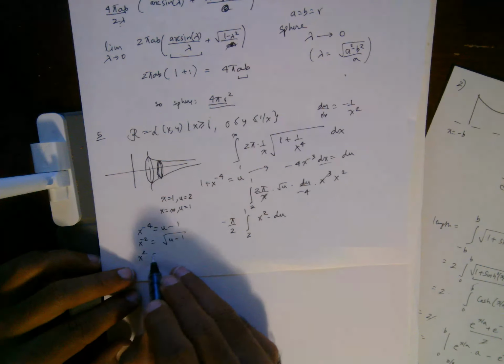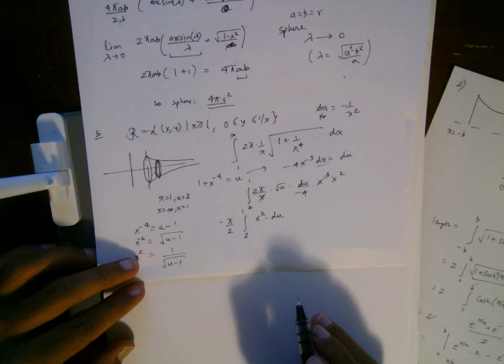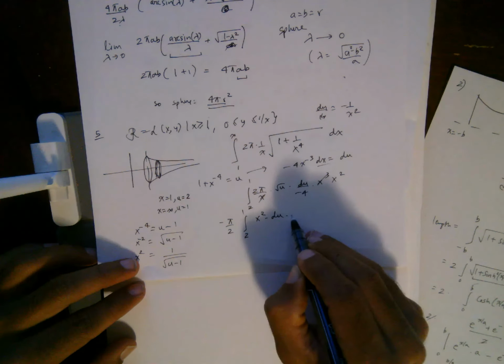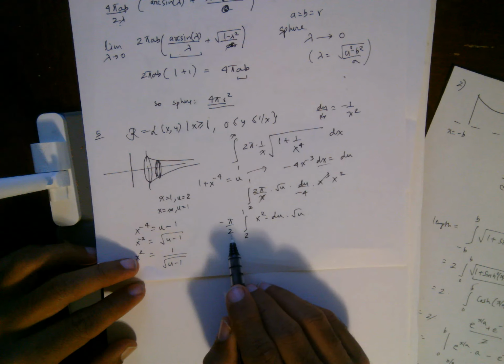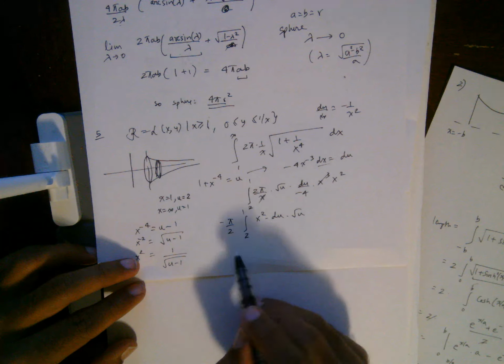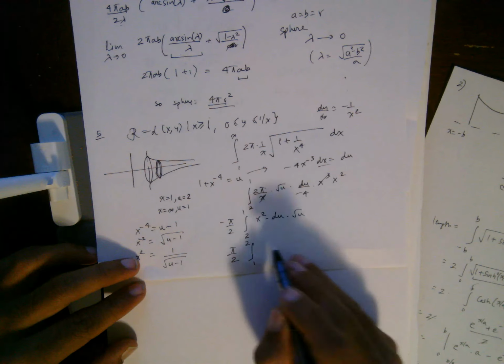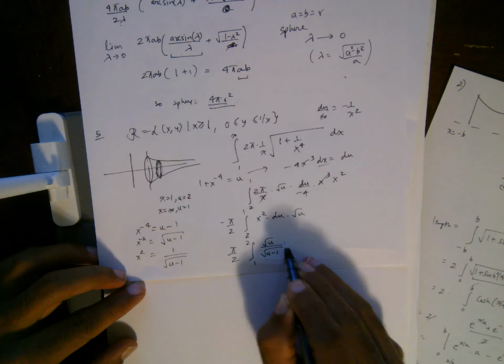So x squared will be 1 over root u minus 1. Oh, sorry, I forgot a root u. Now, I don't want this negative in front, it doesn't look nice, so I'm going to switch these, and the negative times negative becomes a positive. So I have root u over root u minus 1 du.